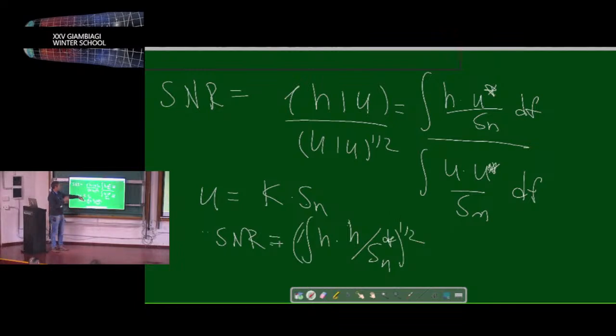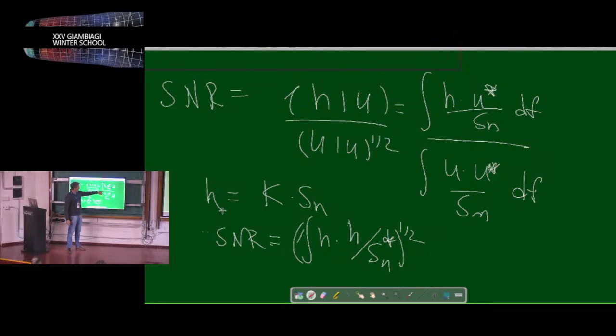You just plug in. You must have u equal to h, and u equal to h is the solution of the maximization of the scalar product. u equal to h gives you k, and k is equal to h divided by S_n. So in the original signal to noise ratio, I had h times k, but k is equal to h divided by S_n.